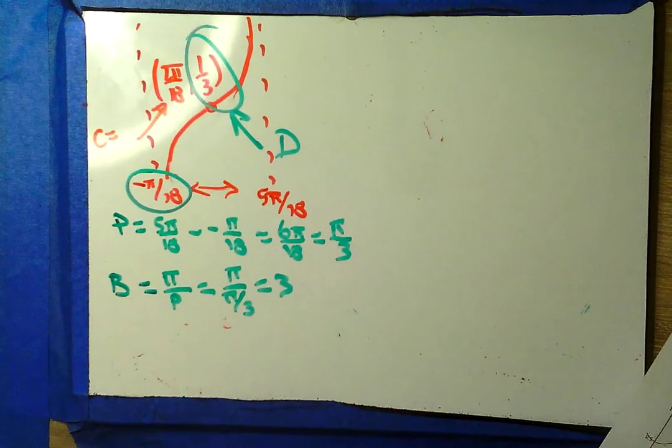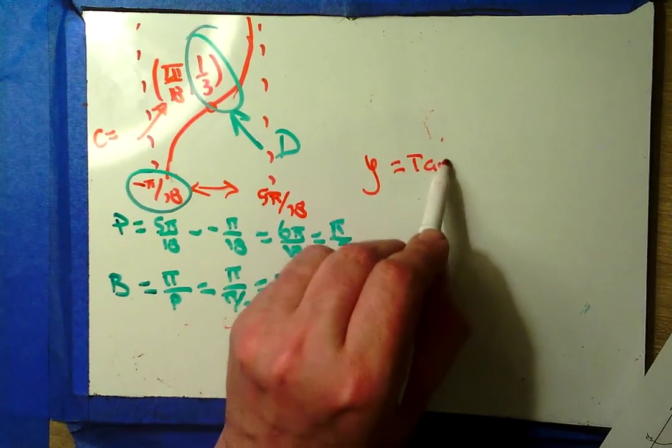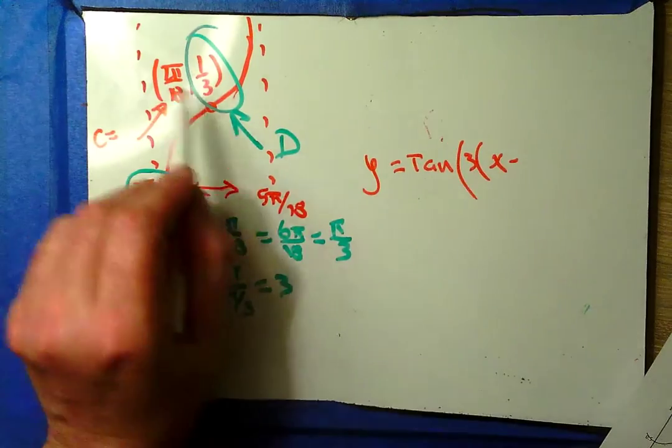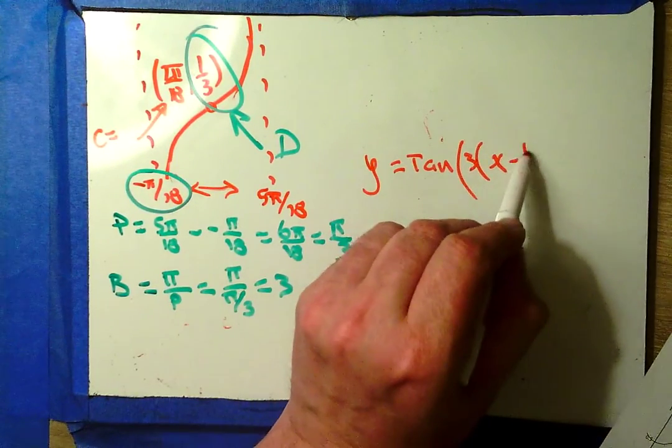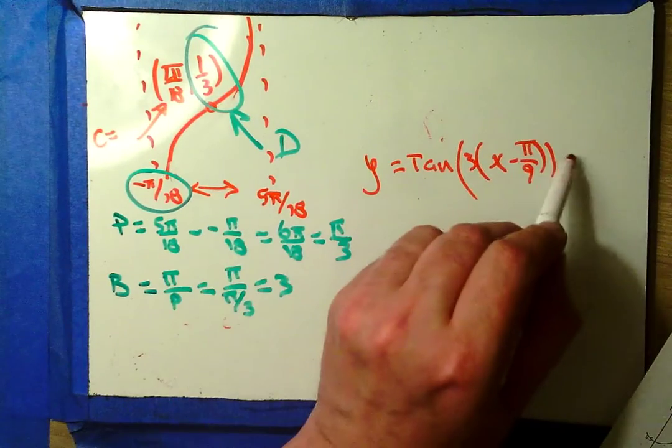So I can write the following equations. Y equals tangent, our b value was 3, x minus 2 pi over 18, or pi over 9, and our d value was 1/3.